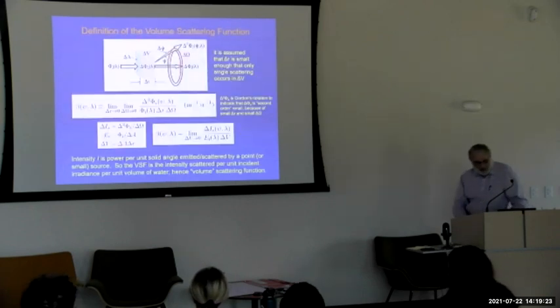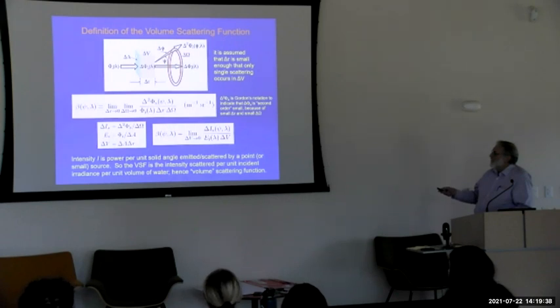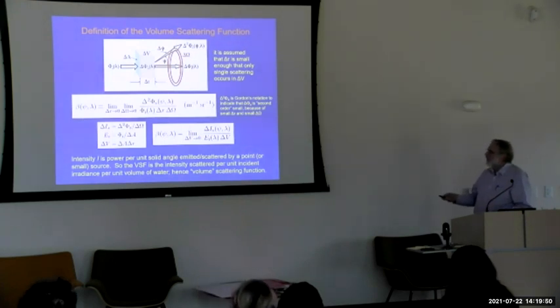Okay, so how do you actually define the volume scattering function? Well, here we've got a little volume of water and it's some thickness delta R. There's a little area delta A here shown in bluish. And so delta A times delta R is the volume delta V. We shine some light onto this surface here. That has some power phi, so that's watts, or watts per nanometer if it's spectral power.